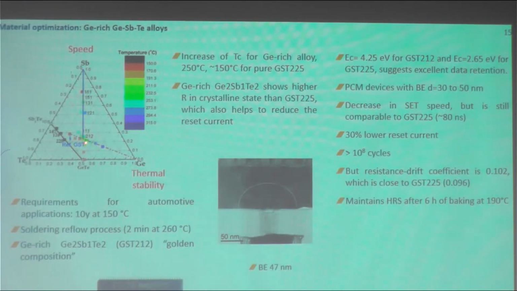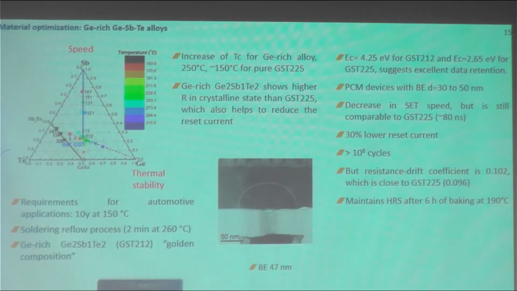You can find different compositions of this germanium-rich material, ranging between 2-1-2 to 1-6-1, but industry and some research groups found one golden composition: germanium 2, antimony 1, tellurium 2. And why do we need these materials with high thermal stability?